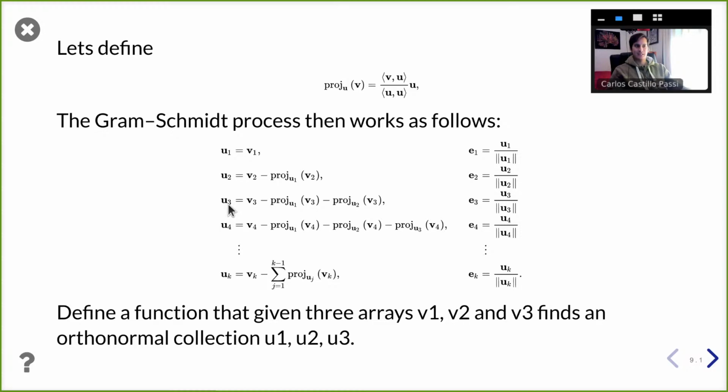Then the third vector will be the starting vector minus the contributions of v3 that are parallel to u1 and u2, and so on. You can write this as a summation also, but the idea is that you're removing the part that is parallel to the other vectors. And how can you get the parallel part? Using the dot product and the projection operator that is defined here.